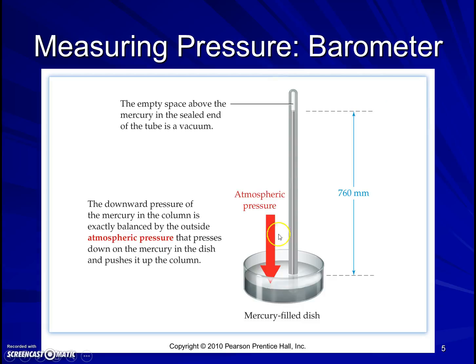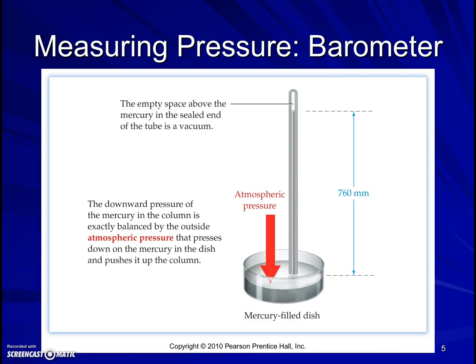Now, if the pressure outside for some reason goes down, pressing against this, then that pressure is part of what's holding up this column, and the column will drop, and we'll have a lower reading. The amount that it drops by will be directly proportional to how much the pressure dropped.